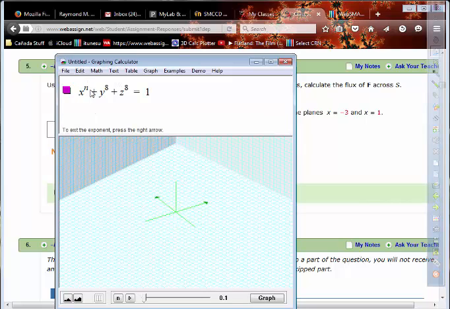So it's the power that's changing the shape of this thing. Oh, I can't have fractions for the power.